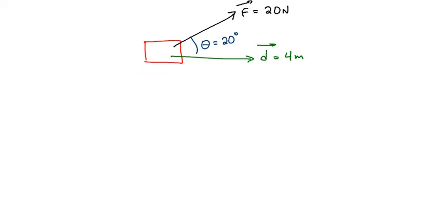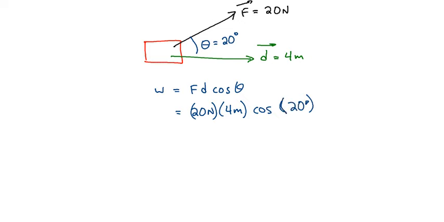Because the force is not parallel to the displacement, I have to say F D cosine theta. Right there, the force is 20 newtons, the displacement is 4 meters, and I need to toss in a cosine of 20 degrees, like so. Let's find our calculator here and see what that comes up to.